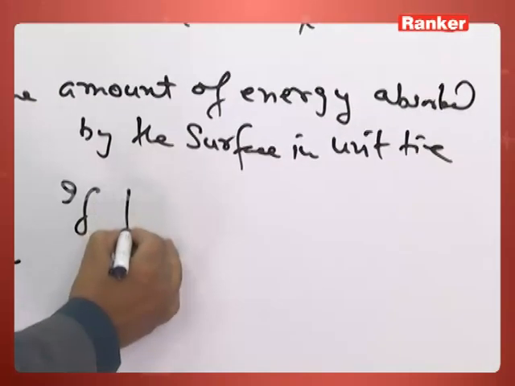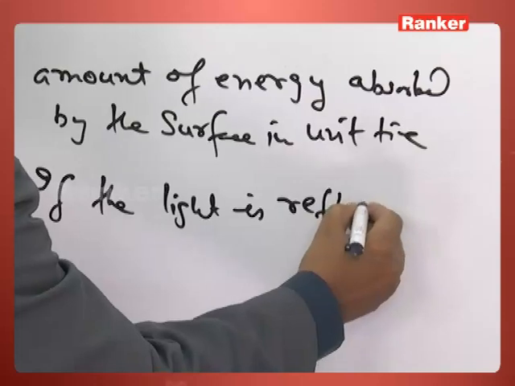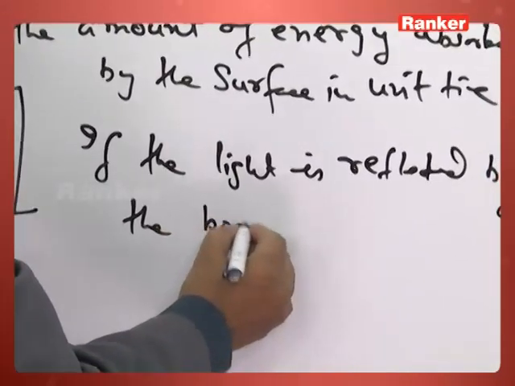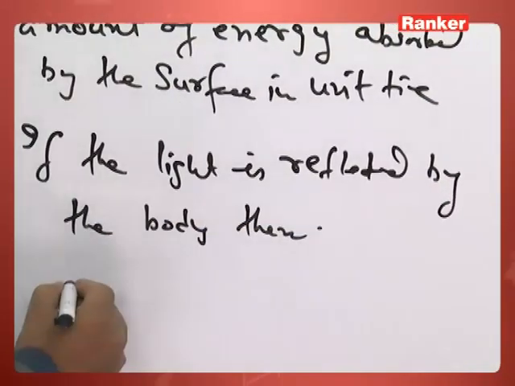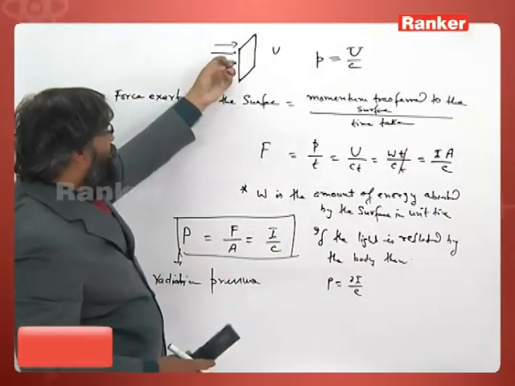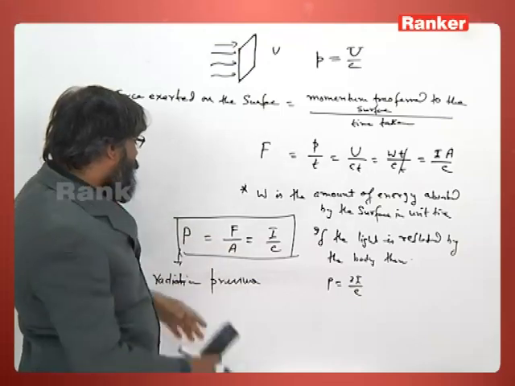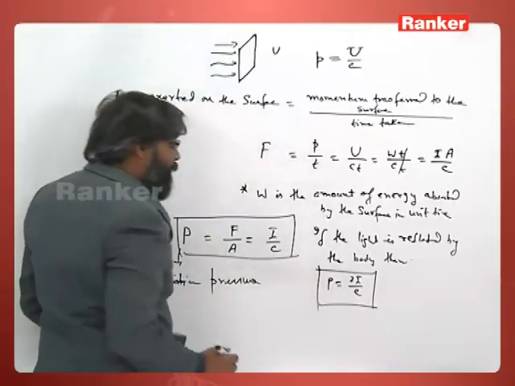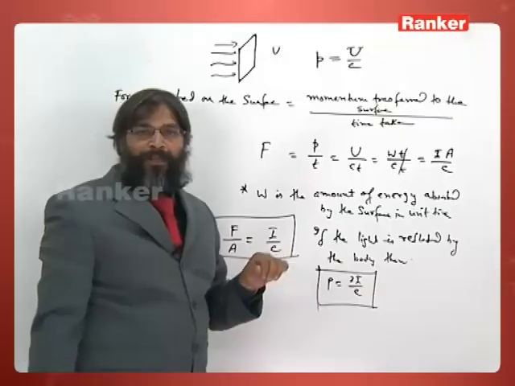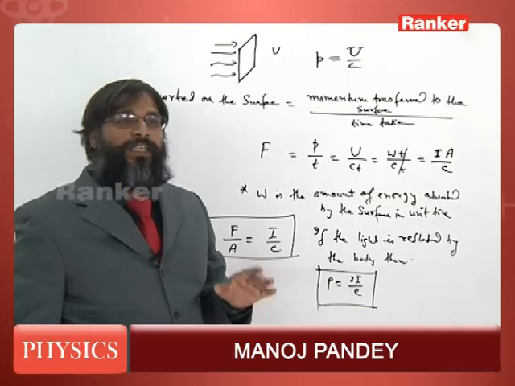If the light is reflected by the body, then the radiation pressure becomes 2I by C, because if the light is reflected back, then the momentum change will be 2U by C, and so the radiation pressure becomes 2I by C. So this is the expression for radiation pressure. Thus radiation also exerts pressure on the surface on which it falls.